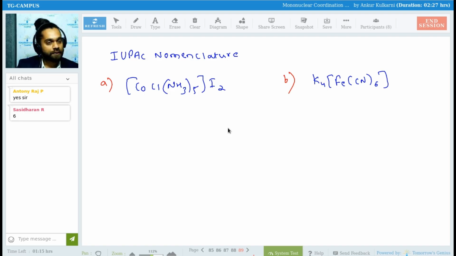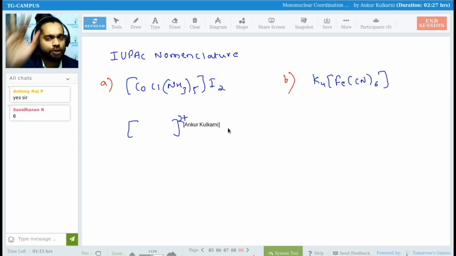Okay, I2 is towards the left. Yes, the main difference: I2 is coming at the last, K4 is coming at the start. You have correctly identified, but the main difference is this, Sarjana: if I dissociate it, what charge does my coordination sphere get? In example A, the coordination sphere gets a positive charge, although it is 2 plus, but positive.